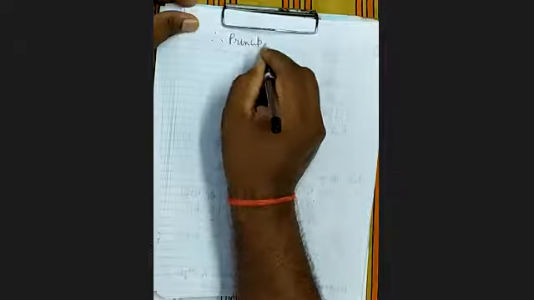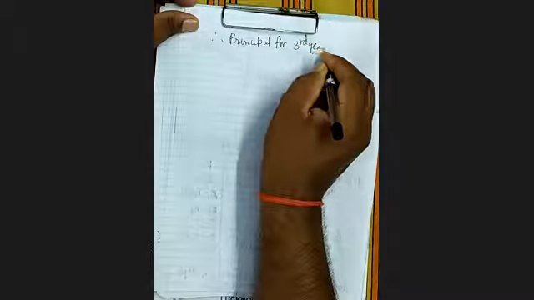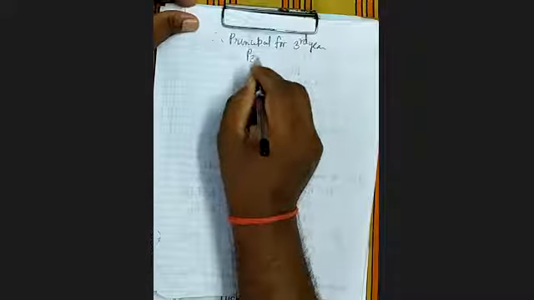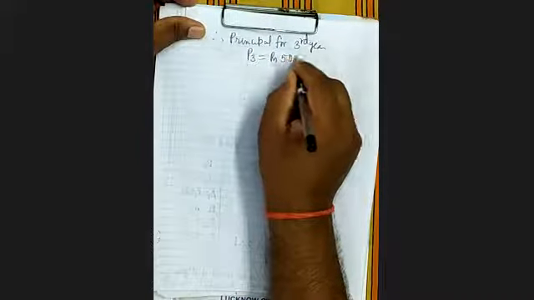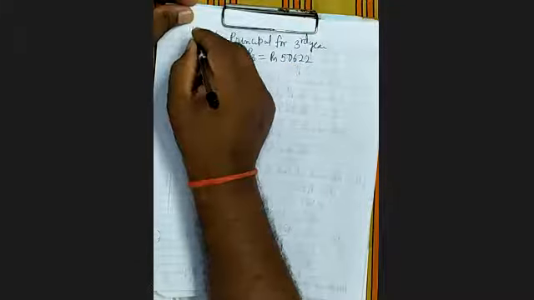Principal for third year. So P3 will be equal to rupees how much? 50622. Therefore, interest for third year.